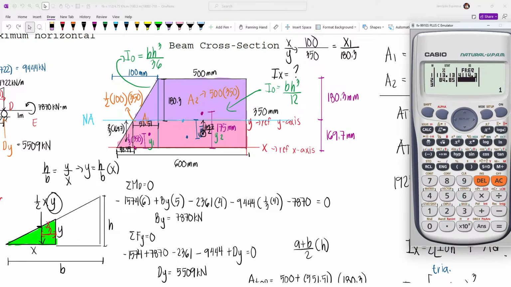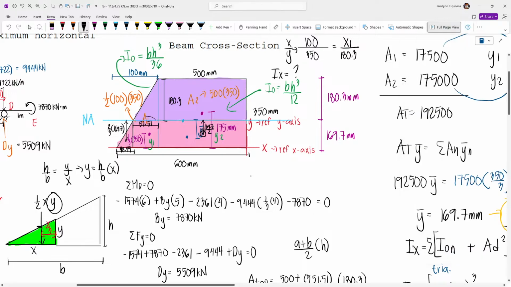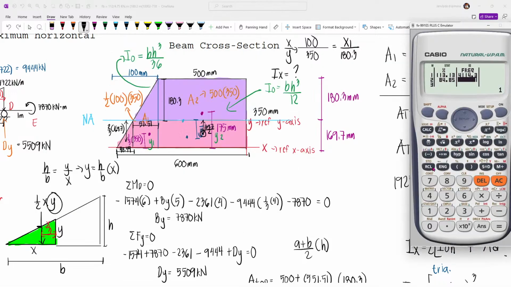And then for the rectangular area, we have a base of 500 plus 51.51. So 551.51 usa ka dimension, and then multiplied by the vertical distance, which is 169.7.